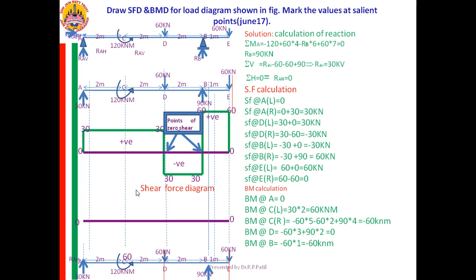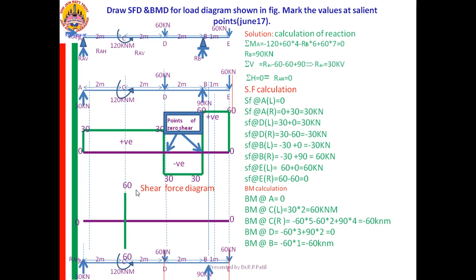So, I need to complete the BMD diagram. Now, you go point by point. First, BM at A is 0. BM at C, left of C, is 60. Draw an ordinate of 60 there. If you are coming from A to C, whether you are reaching plus 60 or minus 60, you need to understand that.